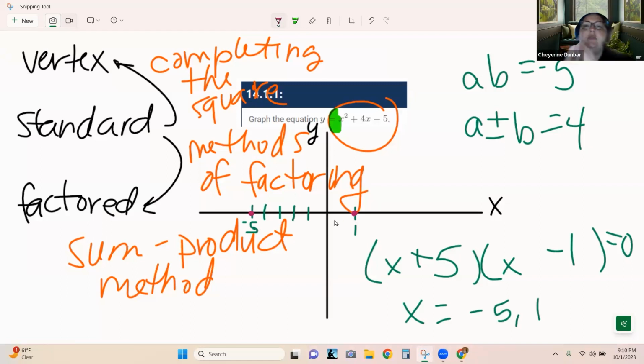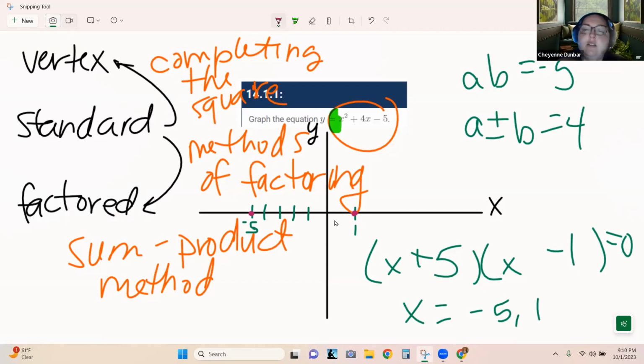Because just like you would need 2 points to graph any linear function, you actually need 3 points to graph any parabola. You can have any 3 points on a parabola and you'll be able to sketch the shape of that parabola. But only 2 points is not going to give you enough information because you need to know what that other symmetrical side looks like.